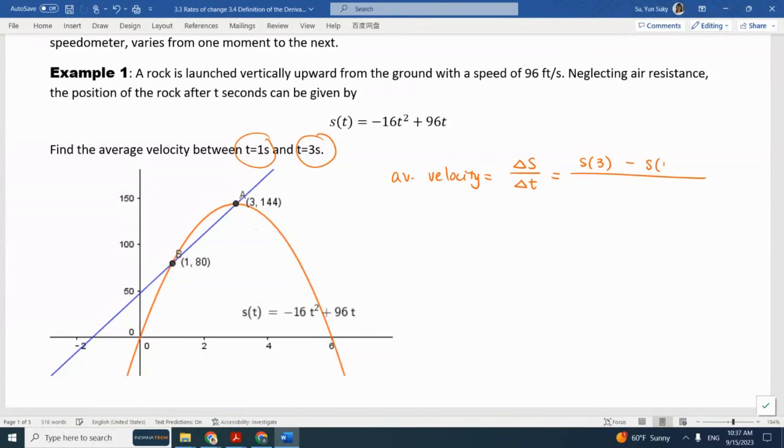Minus your initial displacement, s of 1, over the final time, 3, minus the initial time, 1. Is that okay, everybody? s of 3. s is the displacement function.